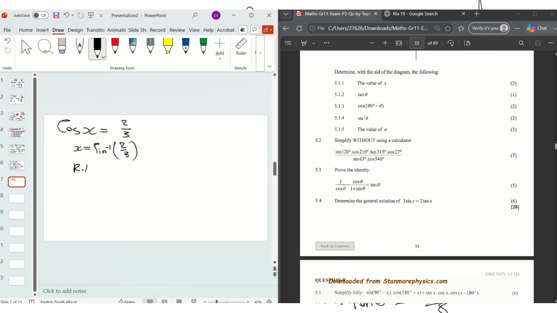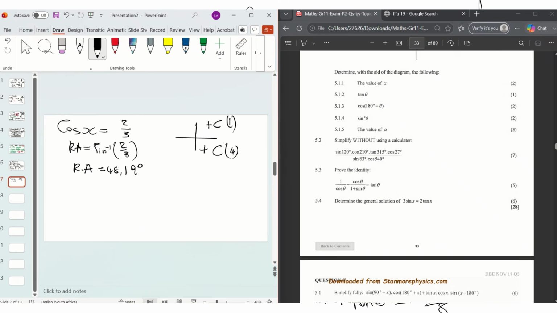Then we got our ref angle there, sorry, not x, our ref angle. So we got our reference angle as 48.19 degrees. So we know that cos in our Cartesian plane is positive where? In our first, and is also positive where? On our fourth. So first and fourth.